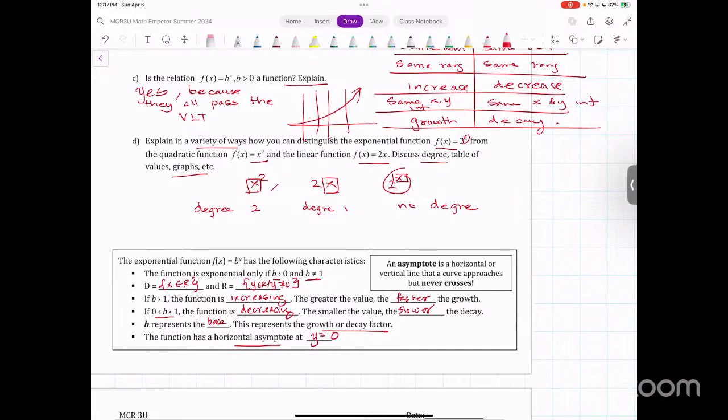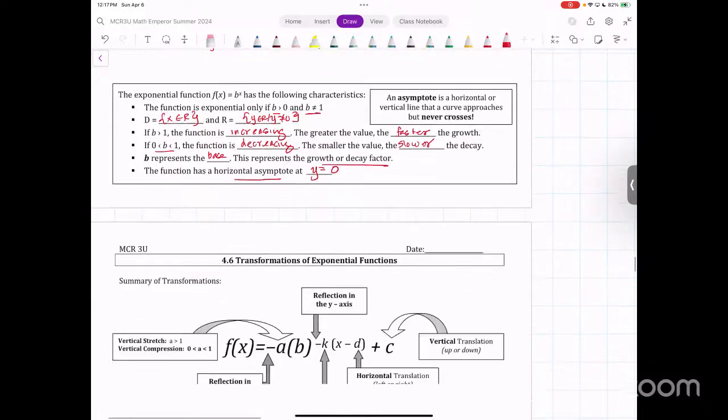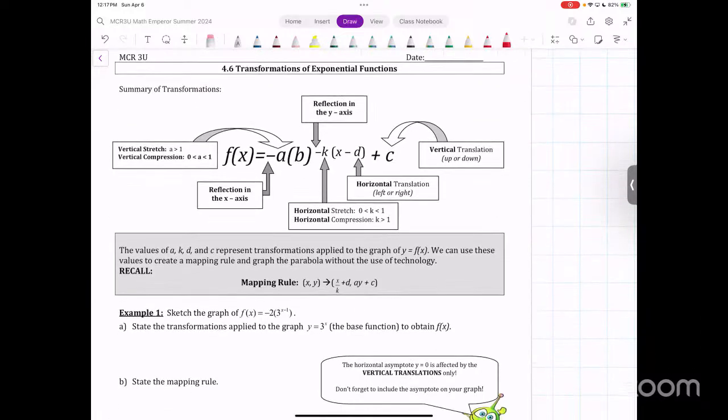So you need to know about the domain and range. What we're going to do is the same thing we learned in chapter 1: transformation. We're going to simply do the transformation for the exponential function. Did you learn that? Okay. So we're going back to do the same thing again and again. AKCD, right?